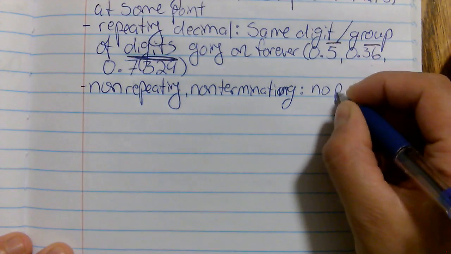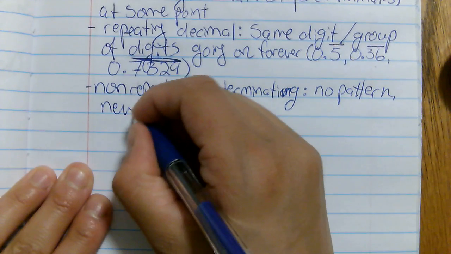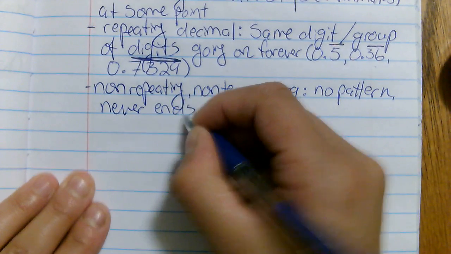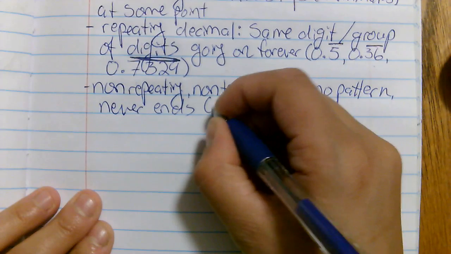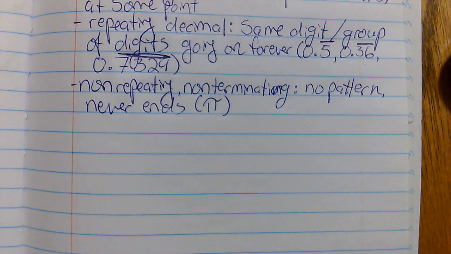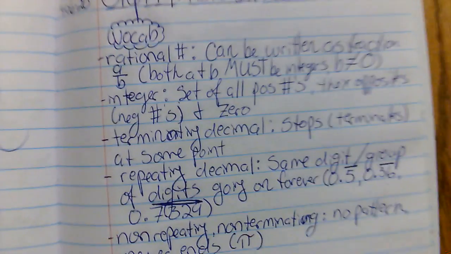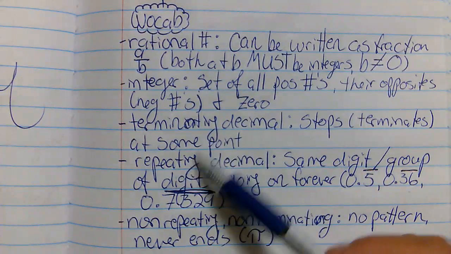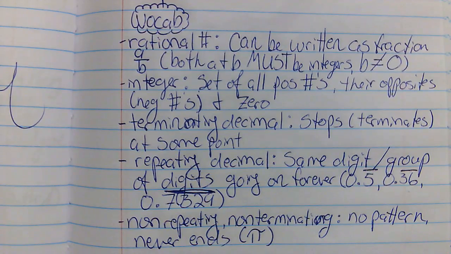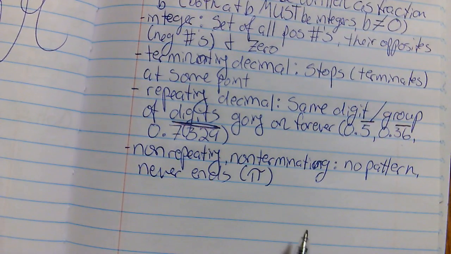There's no pattern, never ends. An example of this would be pi. Pi is a non-repeating, non-terminating decimal. It goes on forever, but there's no pattern to it. So if it's non-repeating and it's non-terminating, it's not a rational number. If you have either of these two going on, terminating or repeating, then it's rational. If you've got this going on, not a rational number.